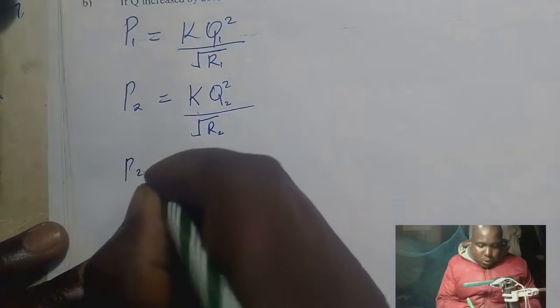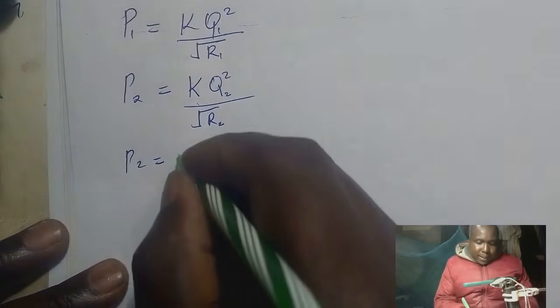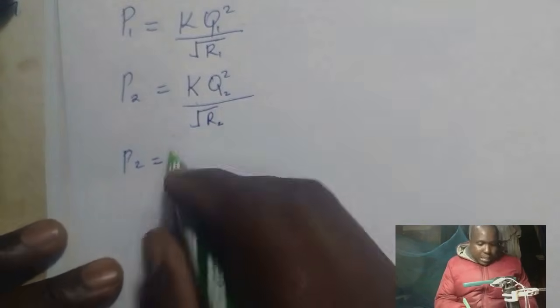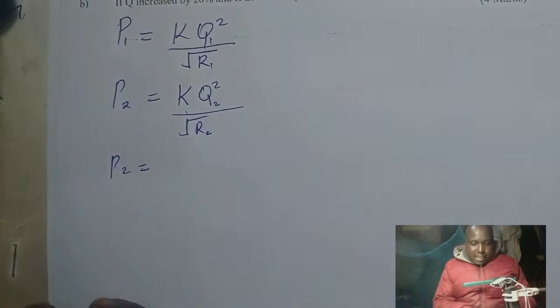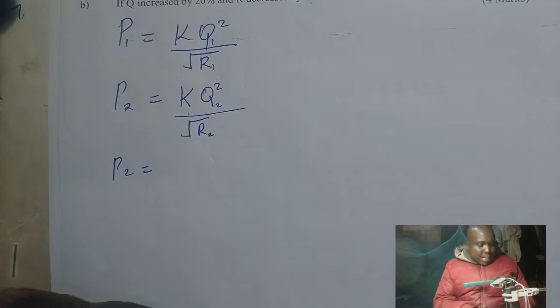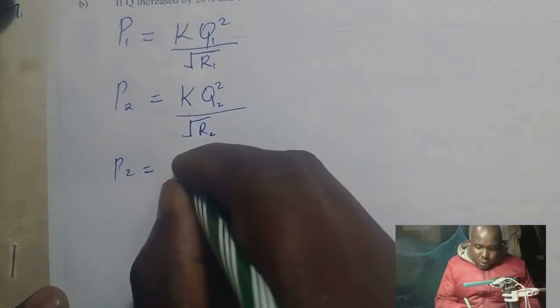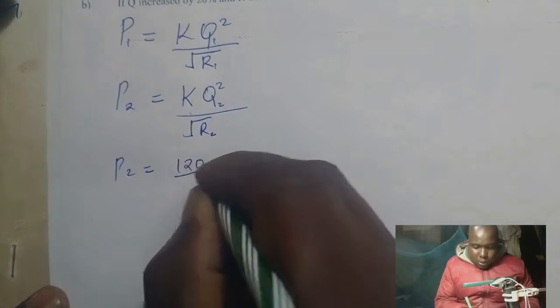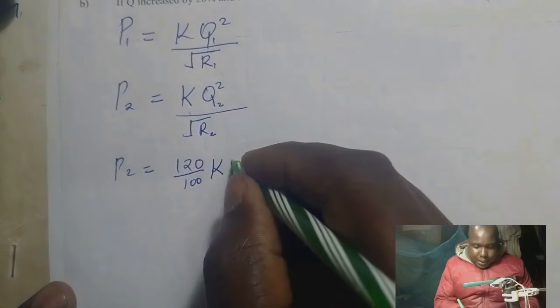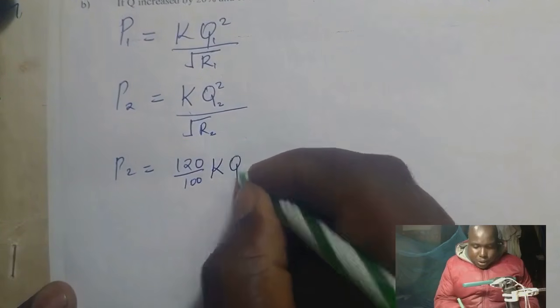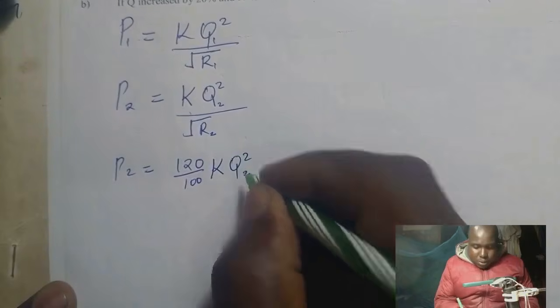So P2 is going to be, we are going to increase Q by 20%. Initially it is 100%, so it is going to be now 120 over 100, k Q squared.